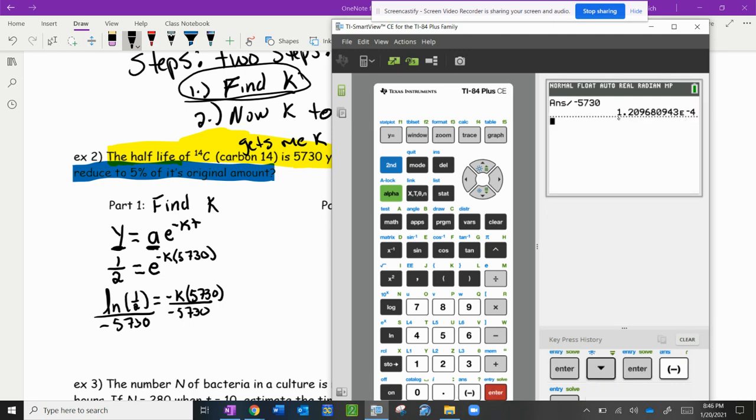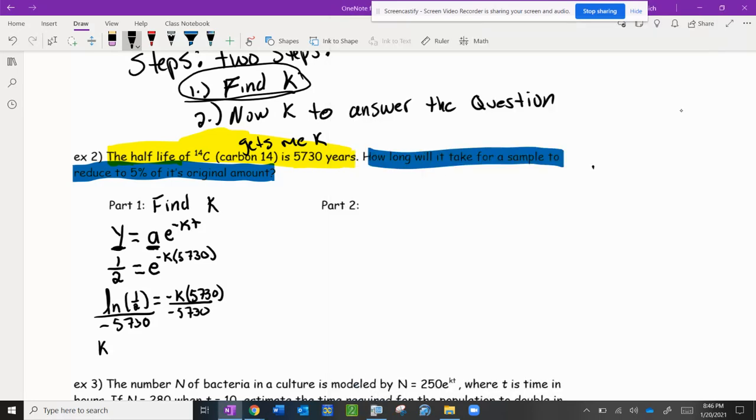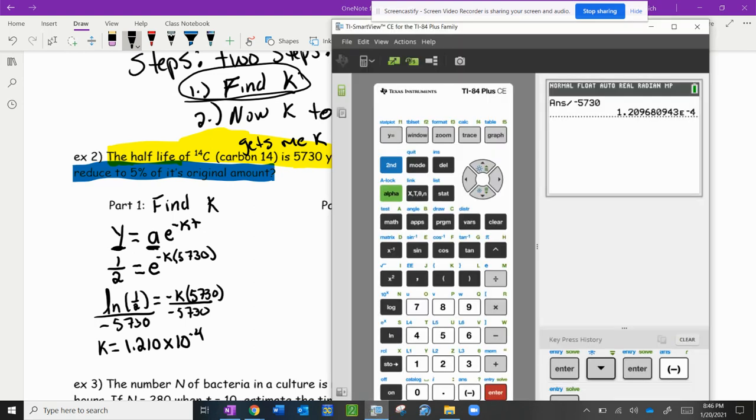Now this 1.209, notice it says e to the negative 4. So k is equal to 1.210 times 10 to the negative 4. That is your calculator giving it to you in scientific notation.